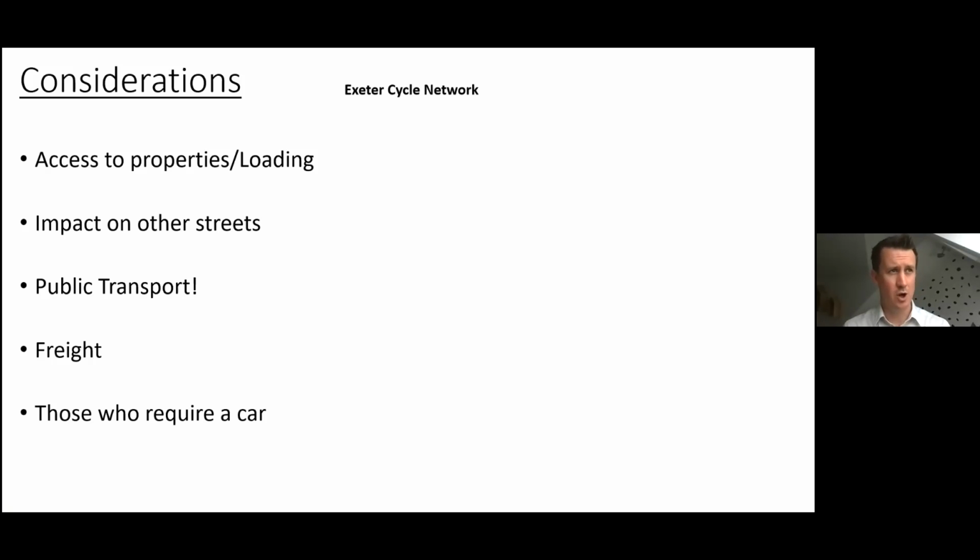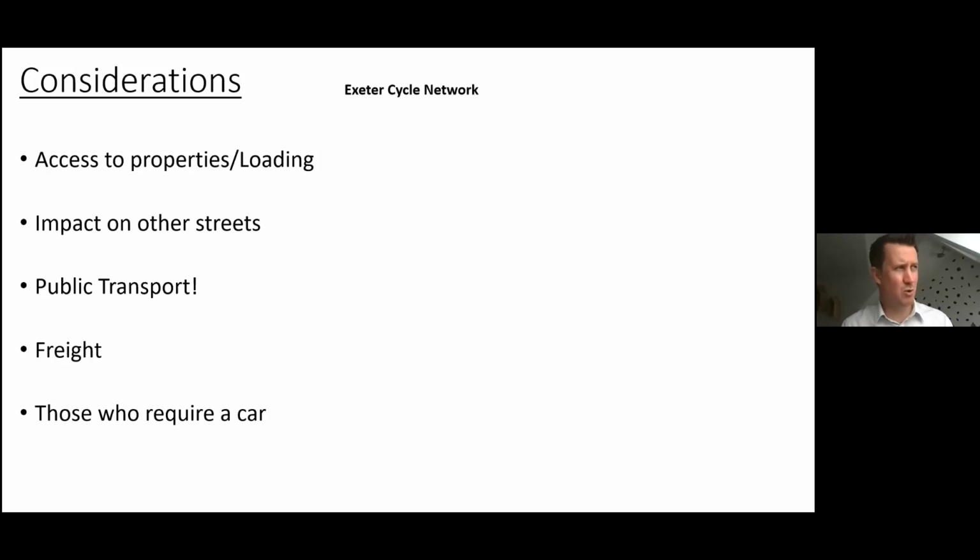And one, from a quality of life perspective and congestion, but in particular, does that have a knock-on implication for public transport? Because obviously that's very important to green travel as well. Does it impact on freight, which is obviously vital to the economy? And there are people who require access to a car for business or mobility needs that can't be ignored. So there's a few things you need to weigh up.